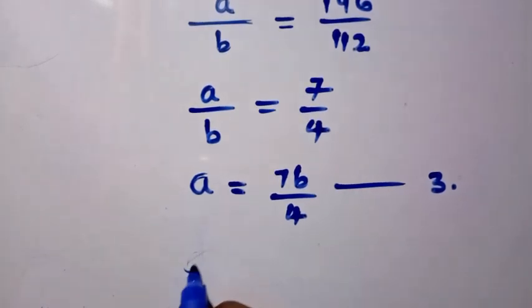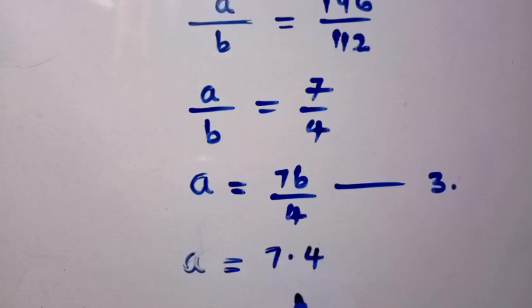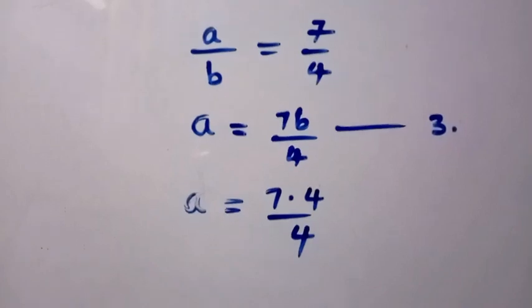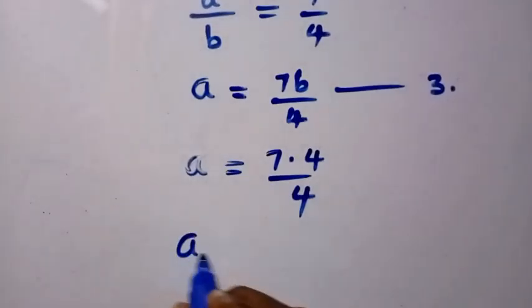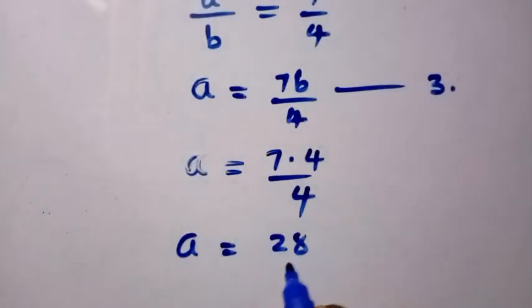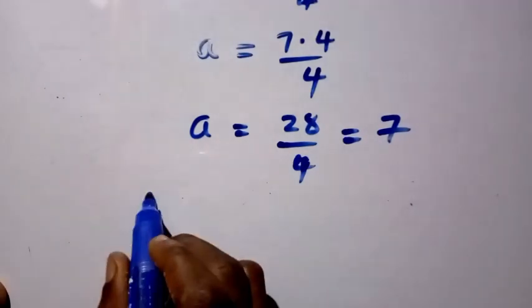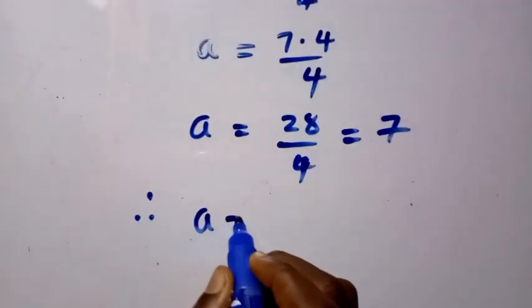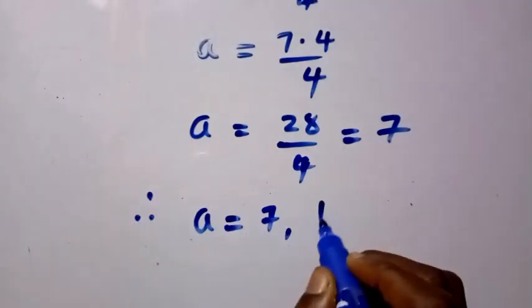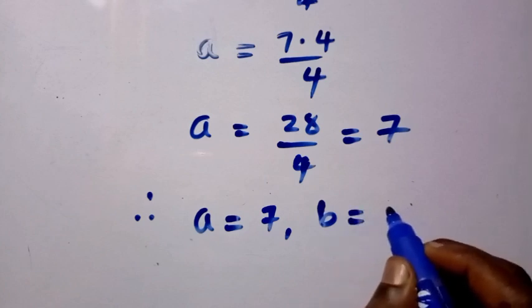So by doing that, we have a equals 7 multiplied by 4 divided by 4, and 7 times 4 gives us 28 over 4, and 28 over 4 is 7. Therefore, we have a equals 7, and we have b equals 4.